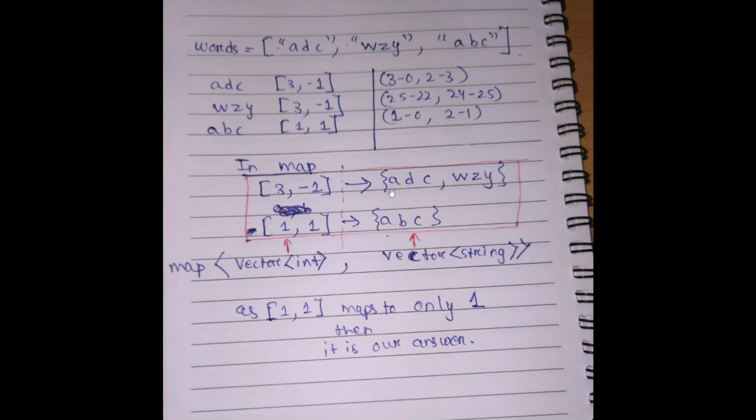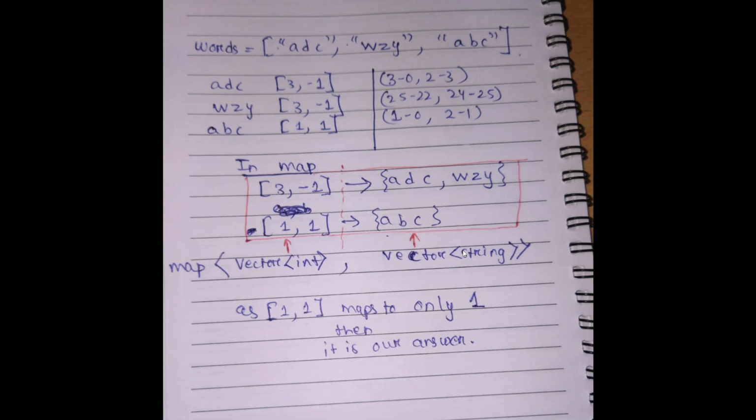So 3, minus 1 is mapped to adc and wzy, but abc is mapped to 1, 1. So we get this as unique, because 1, 1 maps to only one string, while every other vector is mapped to two strings. So it has a length 2 and it has a length 1. We are taking a map of vector int to store these, and a vector of strings to store these.